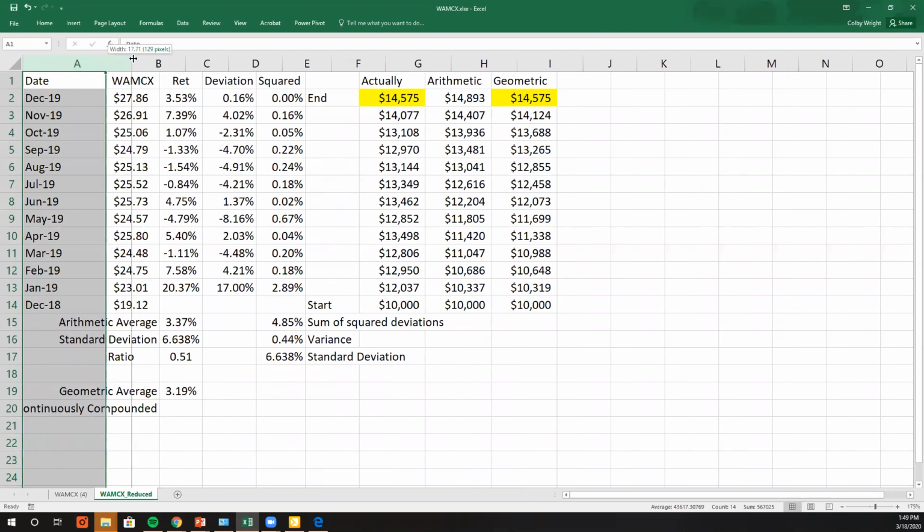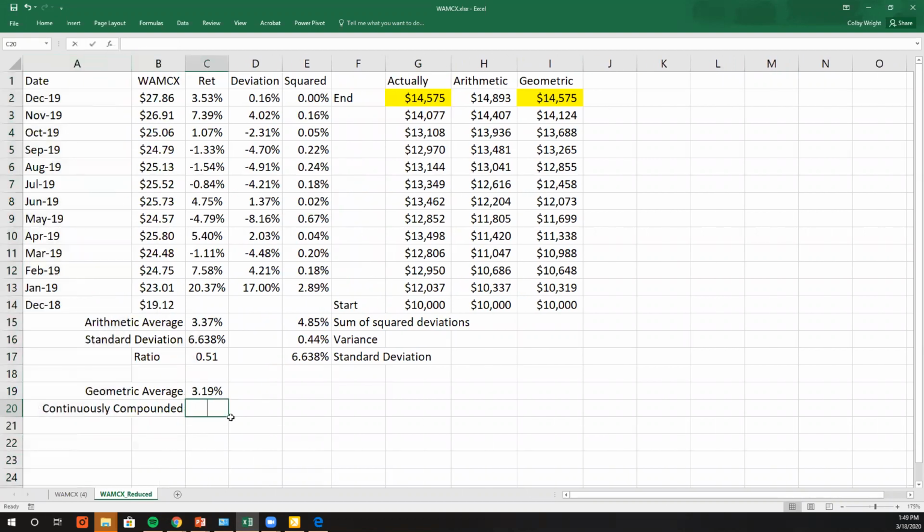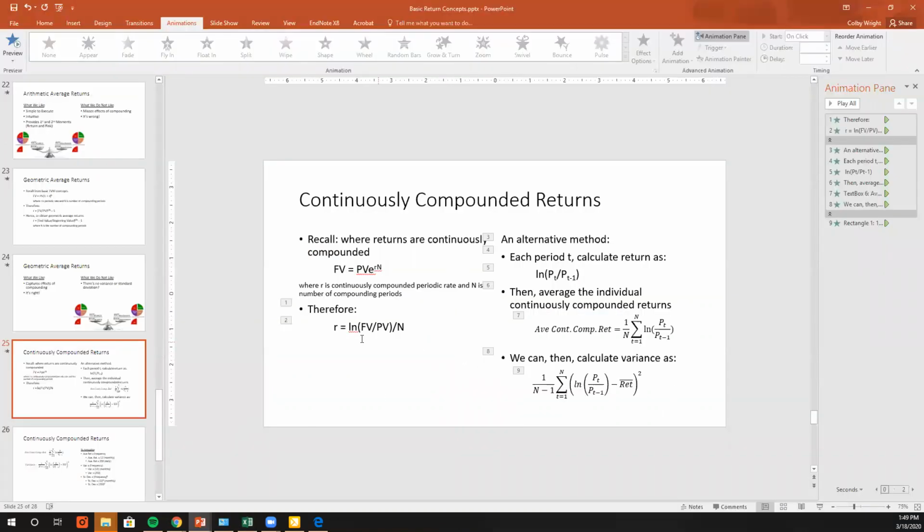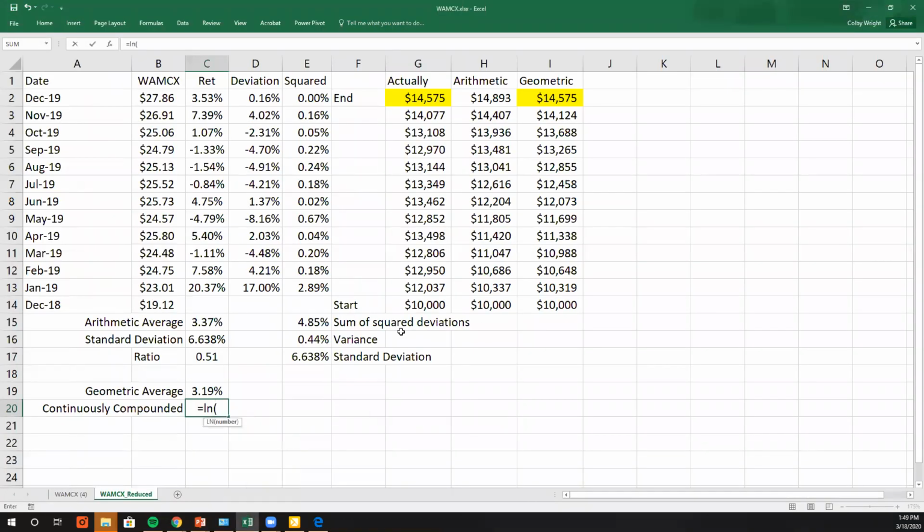Okay, so if we wanted to get continuously compounded returns, just to remind ourselves of the formulas, we would take the natural log of the ratio of the ending over the beginning and divide it by the number of compounding periods. So the natural log of the ratio of the ending value over the beginning value, divided by the number of compounding periods, which again in this case is 12.